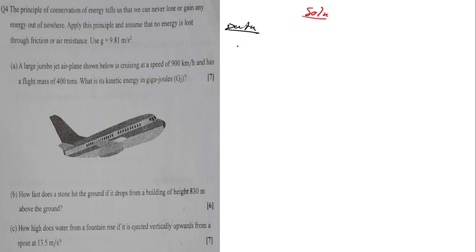The first piece of information is the velocity, which is 900 km per hour. We are going to convert this to meters per second, because these are the SI units.